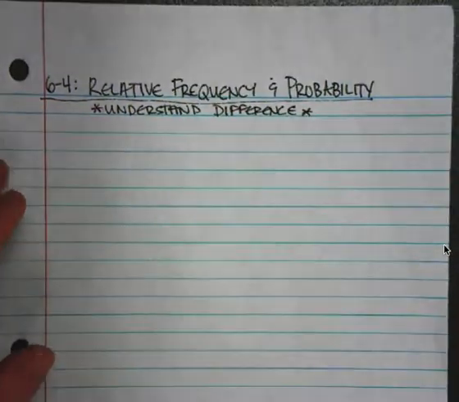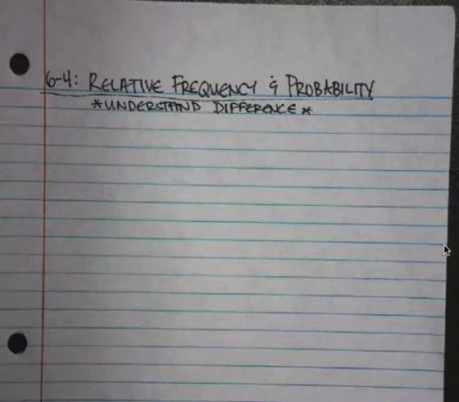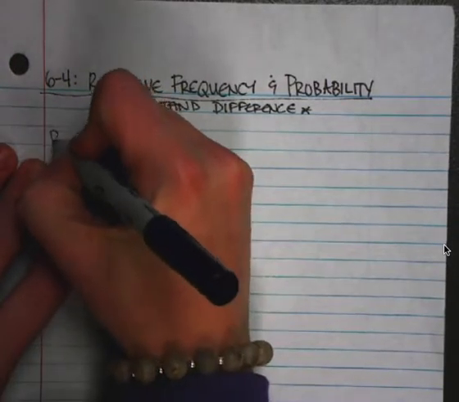Because I see so often students just kind of meshing them into one thing, and there is a big difference. There's also similarities, but understanding that difference I think will help us keep the two things straight and understand them better.